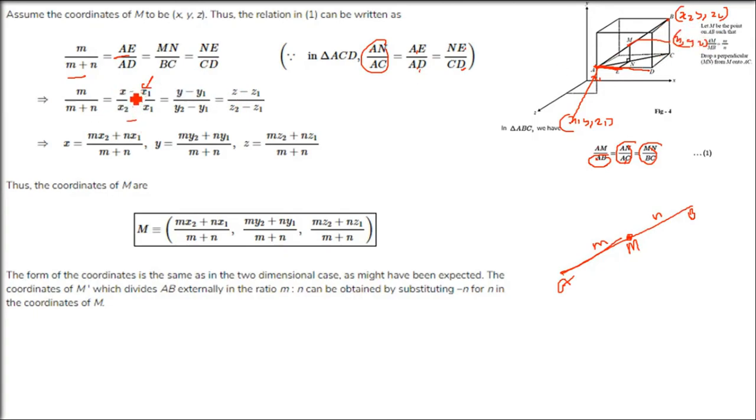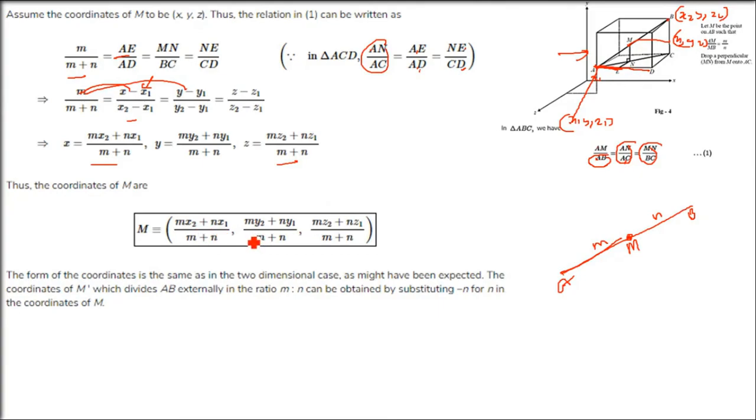So there will be a relationship. I told you that you don't have to go into the detail. I'm just explaining it to you. So if you equate each of them, you'll get x as mx2 plus nx1 by m plus n, y as my2 plus ny1 by m plus n, z as mz2 plus nz1 by m plus n. If you don't remember the proof which I just showed you, it's just for your understanding of how this formula has come. Otherwise, you have to just remember the formula.